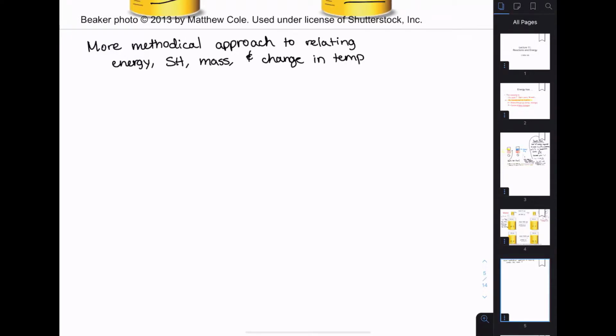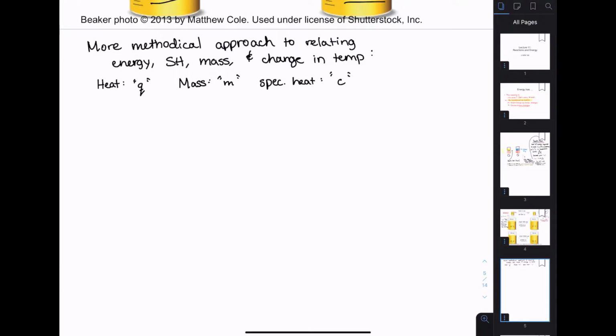So I can say that the energy gets represented as the letter lowercase q. The mass of a substance that I have present, we're going to call that lowercase m. The specific heat, just like we saw earlier, I'm going to express as a lowercase c.